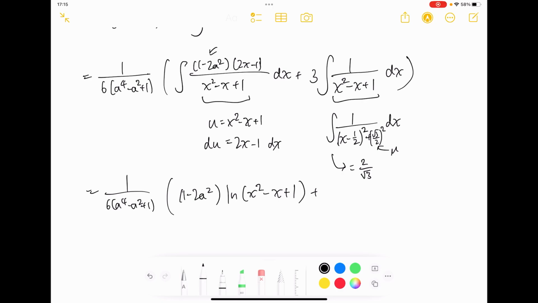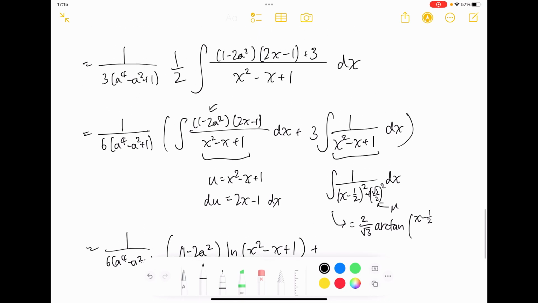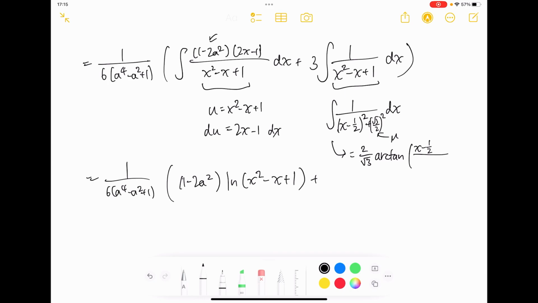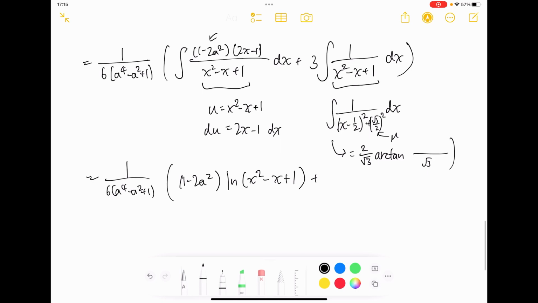So 1 over mu times inverse tangent x minus a half over mu, which is a bit weird. So we are going to flip this upside down. So that will be over root 3 times 2, right? And then we're going to distribute the 2 in. So that's going to be 2x minus 1. Ooh, that's a lot of algebra. I hope you follow. If you didn't, just replay it.